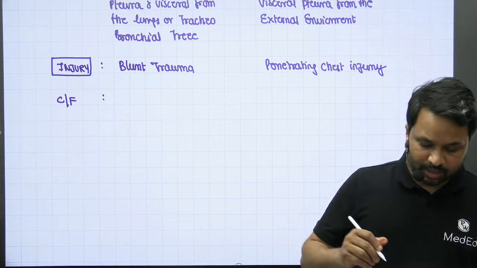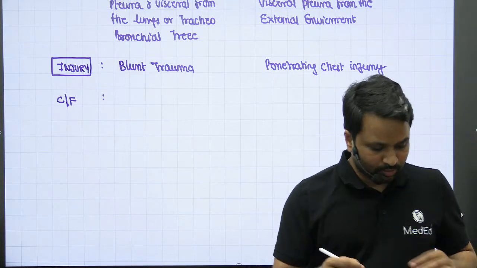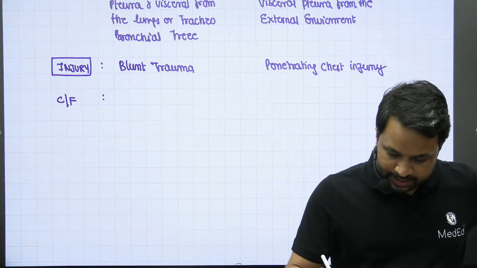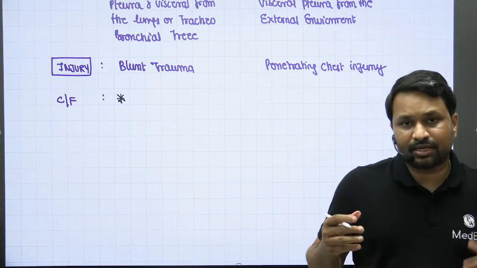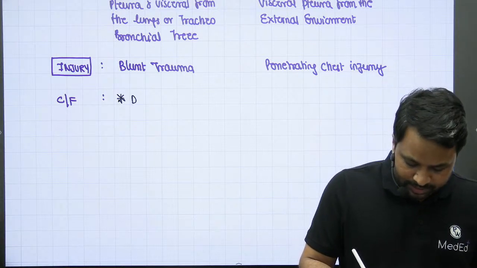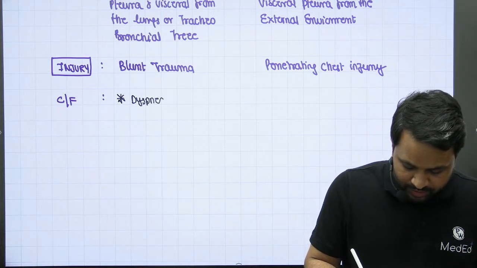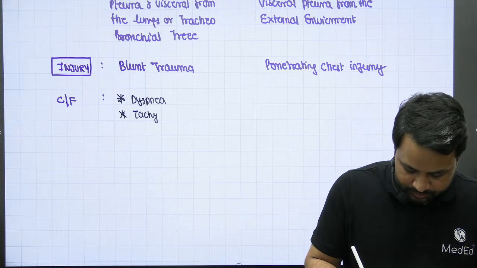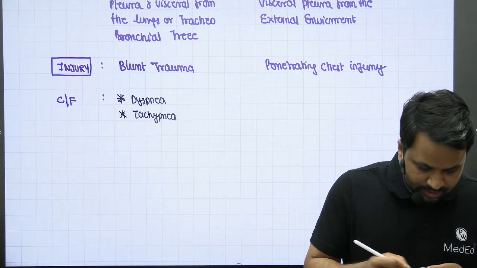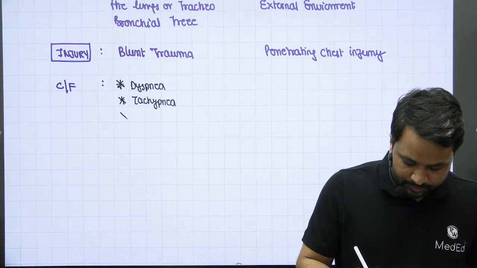Now, any patient who is suffering from pneumothorax, tension or open, has common findings. The first thing, obviously, the lung is compressed, the patient will have difficulty in breathing, there will be presence of dyspnea. Now, there is only one lung compensating for both lungs, so they will be associated with tachypnea.